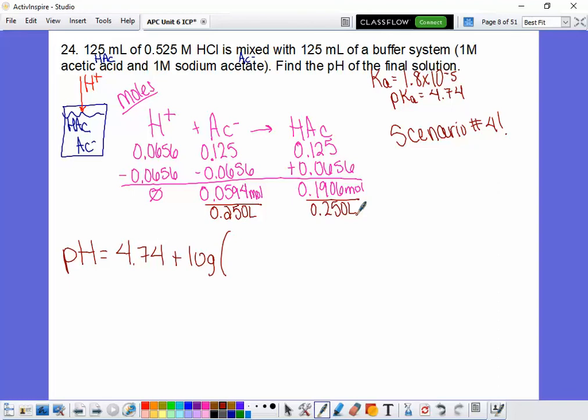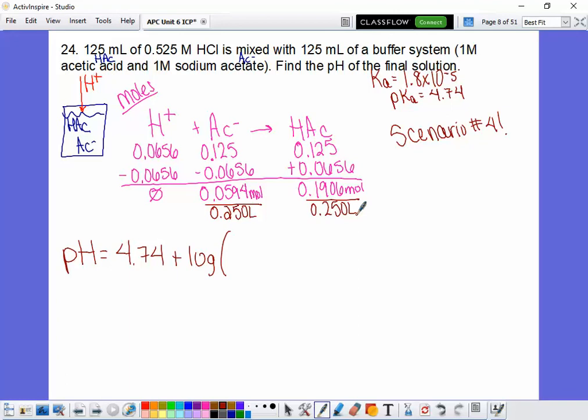However, I caution you against using moles in Henderson-Hasselbalch, because for scenarios 1, 2, and 3, you have to go back to concentration. It will not work for the pH of the strong acid or strong base. It will not work for ICE tables if you leave it in moles. For scenarios 1, 2, and 3, you have to go back to molarity.